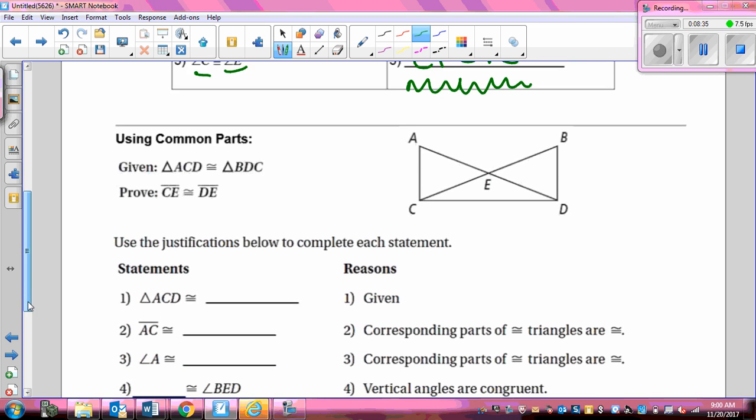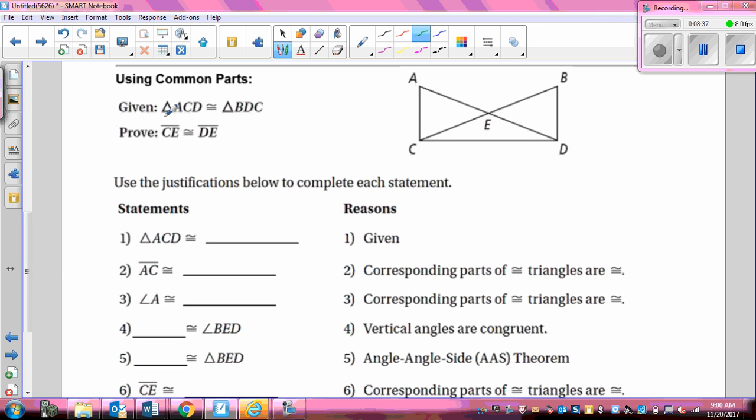Let's try another one. This one is very, very common. I've seen this proof many times. We're given that my triangles are congruent. These two triangles, ACD is congruent to BDC. So they're actually telling us that this triangle is congruent to this triangle.